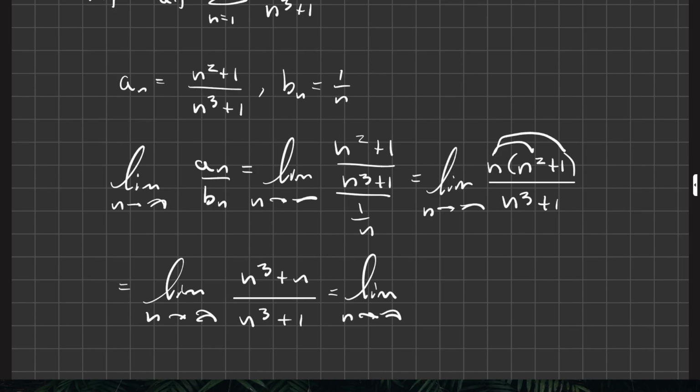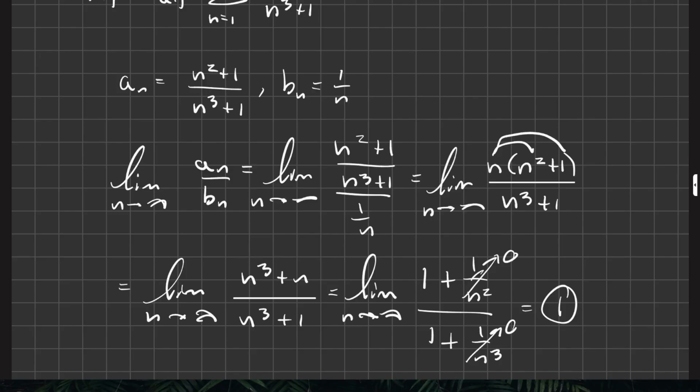It's a classic way of solving limits. This gives us n cubed divided by n cubed, which is just 1, plus n divided by n cubed, which is 1 over n squared. Then n cubed divided by n cubed is 1 again, and this will be 1 over n cubed. These terms go to 0 when n goes to infinity, so we're just left with 1 over 1, which is just 1.